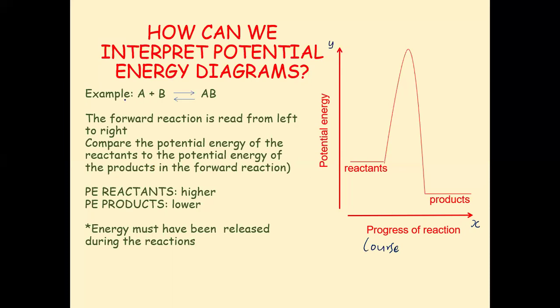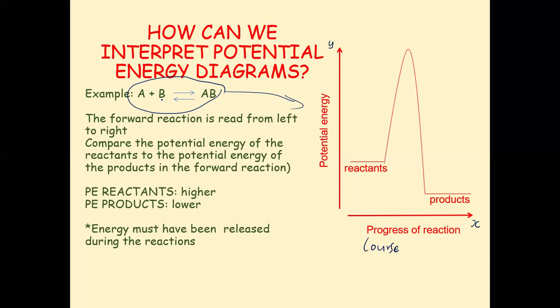So now let's have a look at this example. We're going to take this example onto this diagram. Okay, we have two reactants. We are forming the product, which is AB. This double arrow over here is just an indication to show you that the reaction is also reversible, from the reactants to the product, from the product back to the reactants.